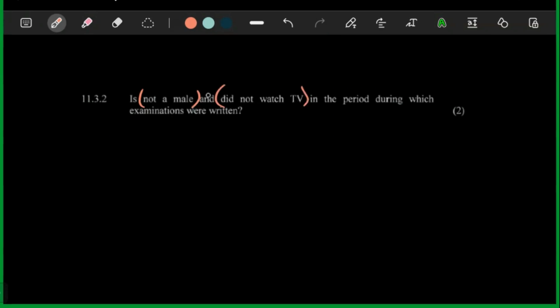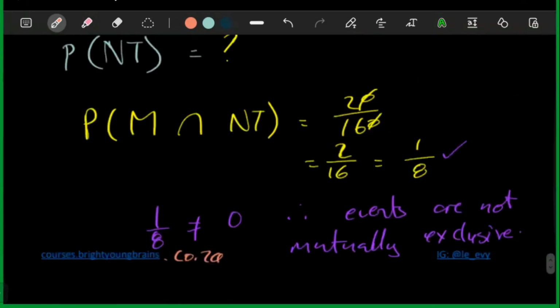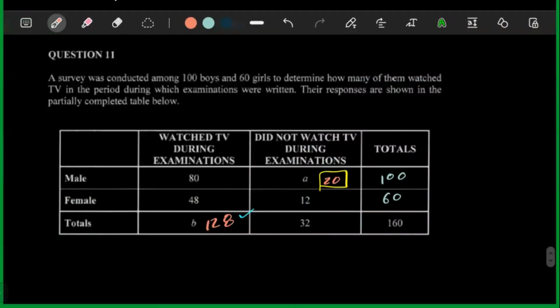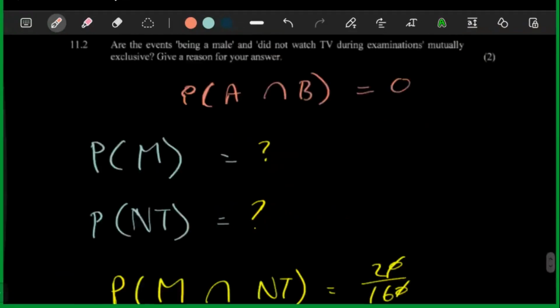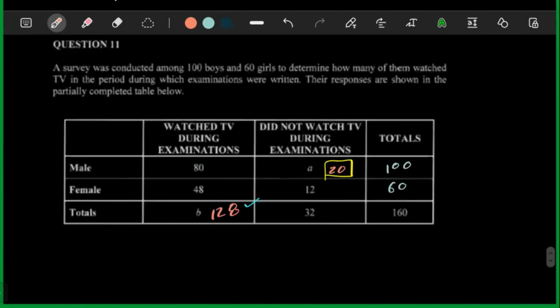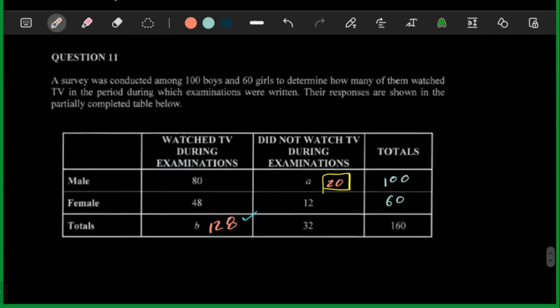So we want to take into account everyone that is not a male and everyone that did not watch TV. So it has to be a female that did not watch TV. Then 12 over 32?